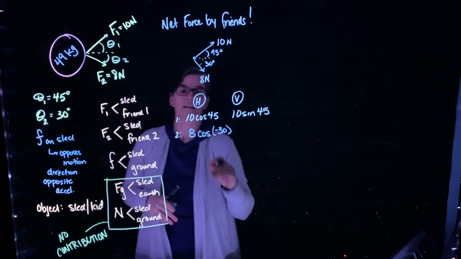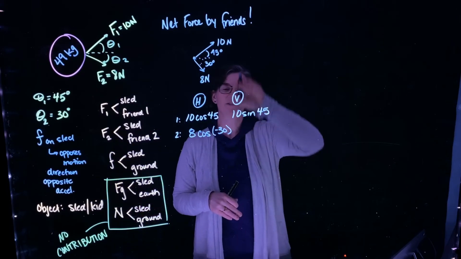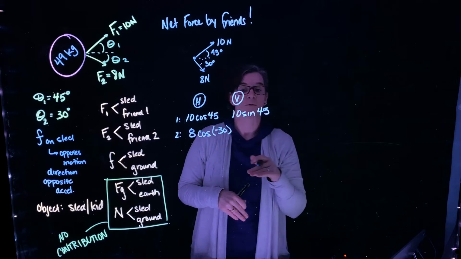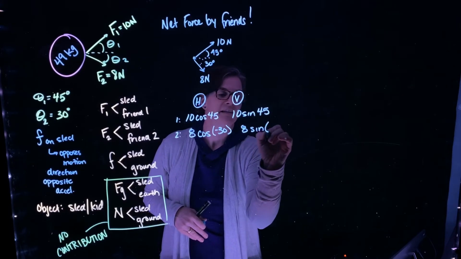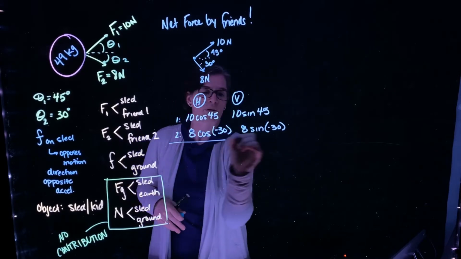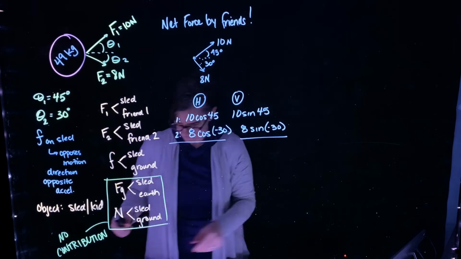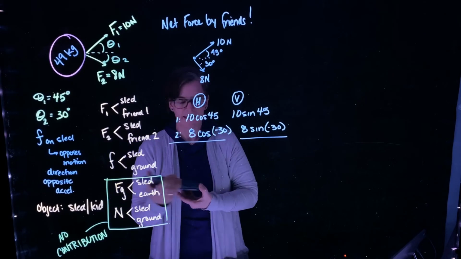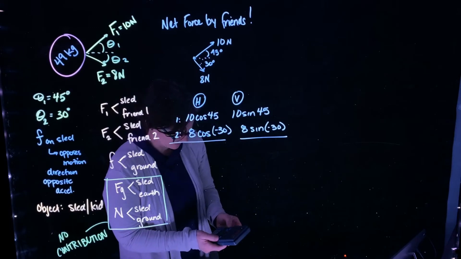Remember, I like to always reference to the positive x-axis. We're going in the clockwise direction, and so it's negative 30, and the vertical component is 8 times the sine of negative 30. So if we get the resultant vector, I get both the horizontal and vertical components of that vector. We're going to get out our handy dandy calculator here. I need to make that a little bit brighter.